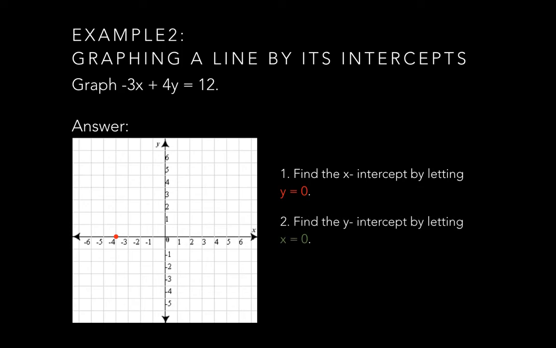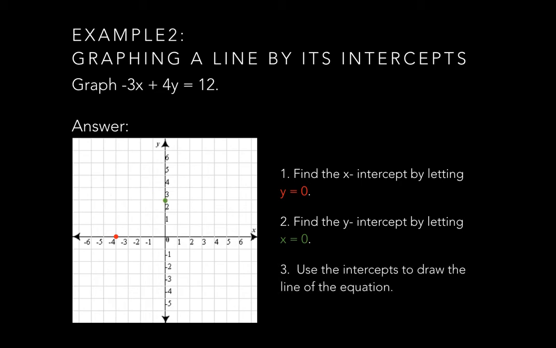Then we'll find our y-intercept by letting x equal 0. So that first term, if you multiply negative 3 times 0, it just cancels, it goes away. So the equation you're left with is 4y equals 12. So y is 3 when x is 0.